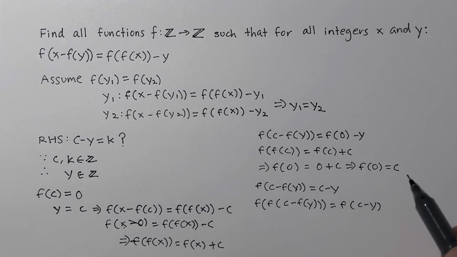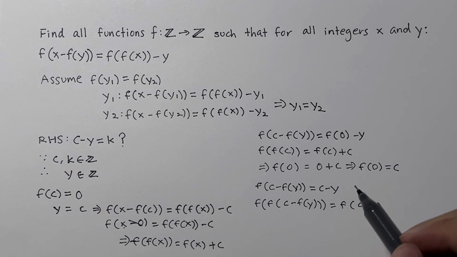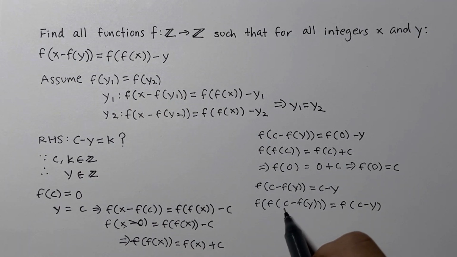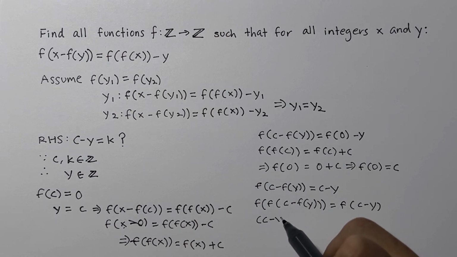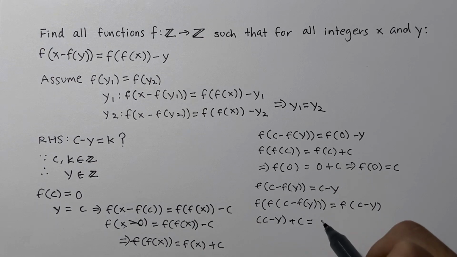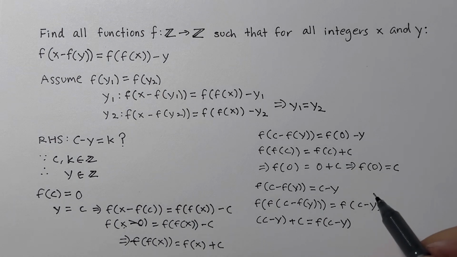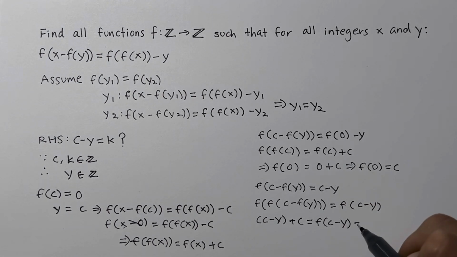So, using our rule, f of x equals f of x plus c, the left side becomes f of c minus f of y plus c. So then simplify, we'll have c minus y plus c equals f of c minus y. Then f of c minus y will equal 2c minus y.